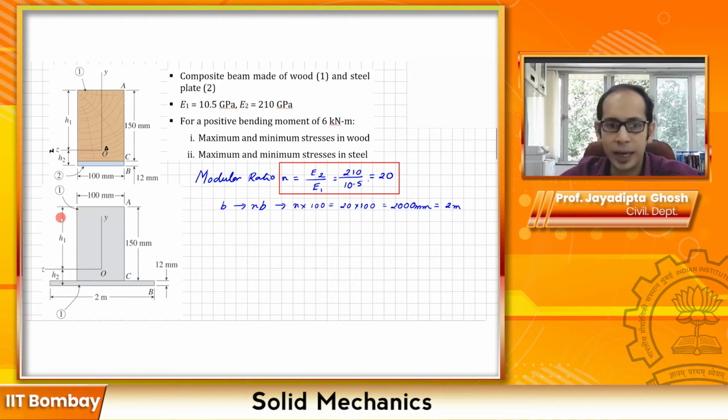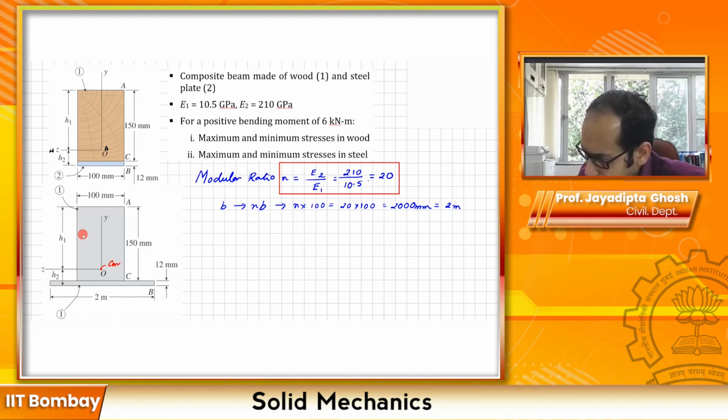So this is the height h1 from the top to the centroid. So this is also my centroid now for the transformed section. Remember, it's not the centroid of the original section, it is the centroid for the transformed section. So let me also mark that over here. So this is my centroid, as well as my neutral axis over here, right?